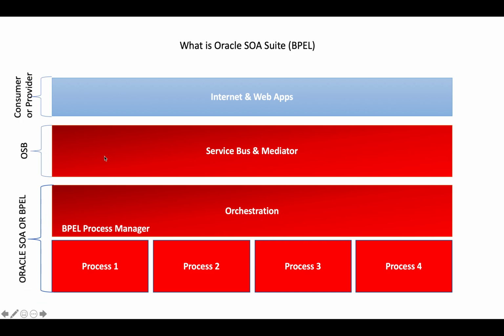And when you're talking about consuming or providing some API, some service, we are talking about this part, because the internet or mobile app is going to be the consumer, using your API from the service bus. They just need to know about this API. Behind this API, the orchestration, they don't need to know. This is private information here.